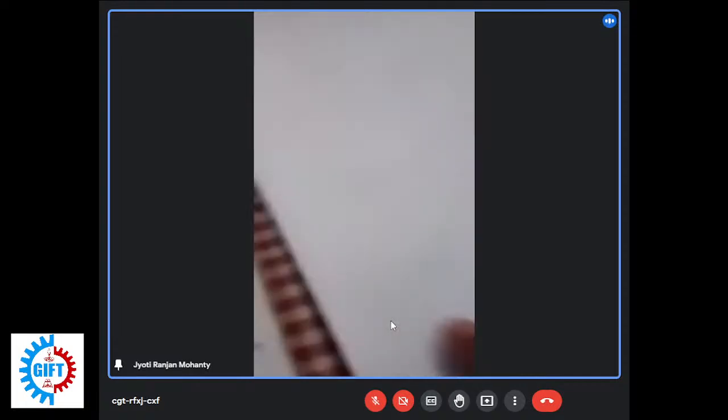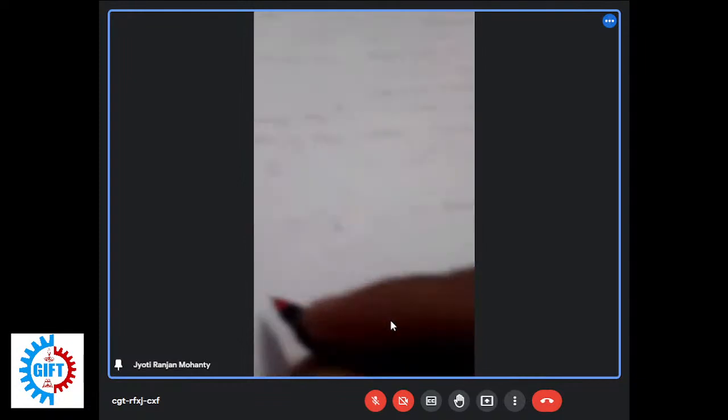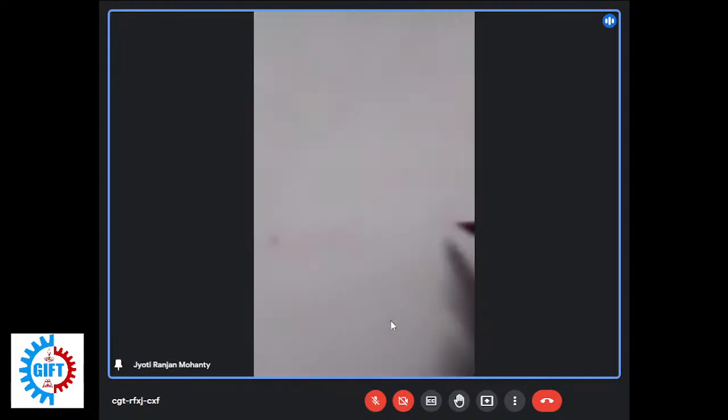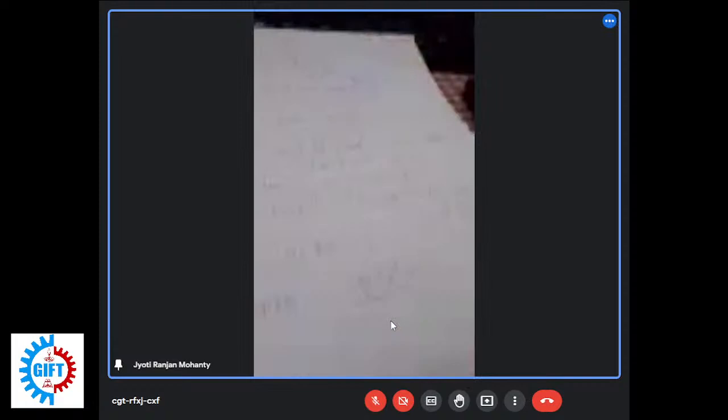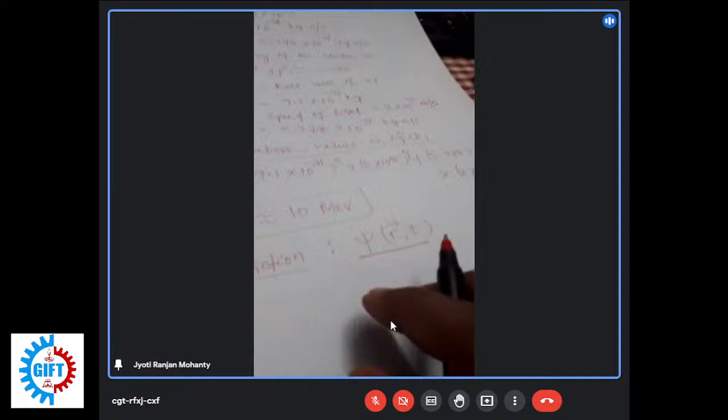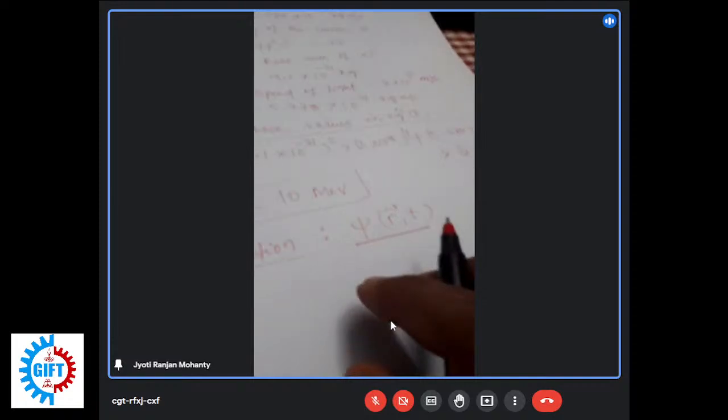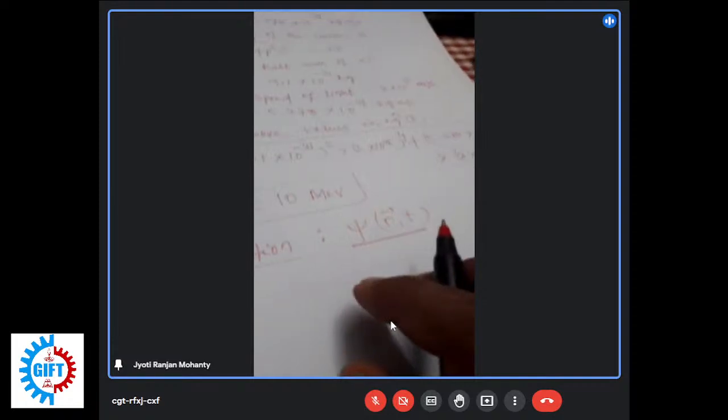Next, write wave function. Wave function means this is psi. This is the symbol of psi. Psi of r, t denotes the wave function. This is the state function which contains all information about the physical system.